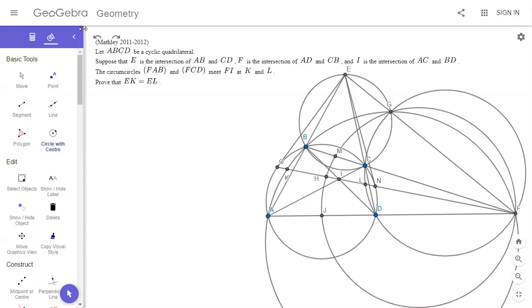Okay, I feel like I've reduced it to something that feels pretty simple, and now I'm just trying to show that.